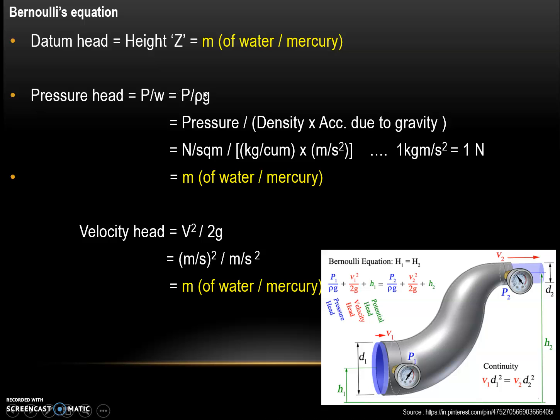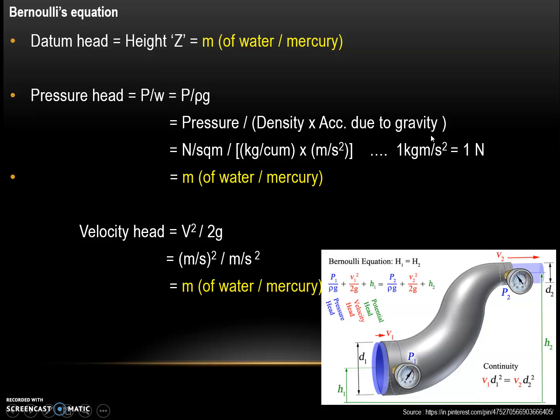P by W is nothing but rho into g, that is, specific weight is equal to density into acceleration due to gravity. So, we write pressure divided by density into acceleration due to gravity. The unit of pressure is force by area, so it is Newton per square meter, divided by the unit of density, which is kg per cubic meter, into the unit of acceleration due to gravity, which is meter per second square.